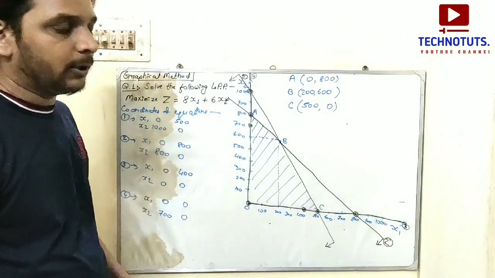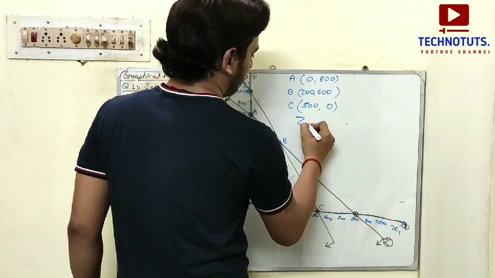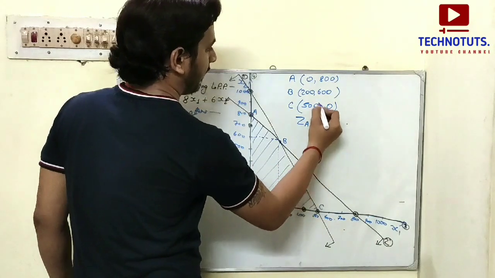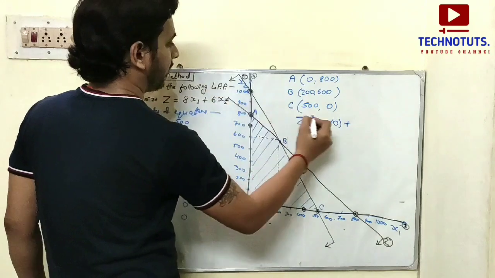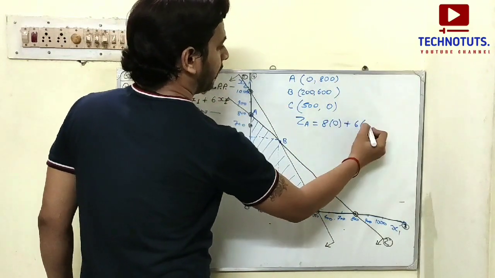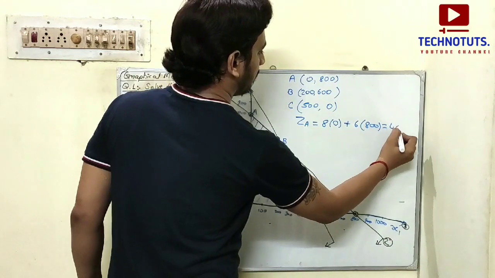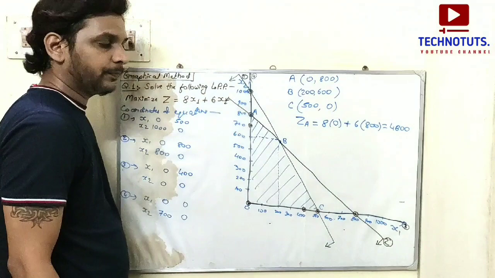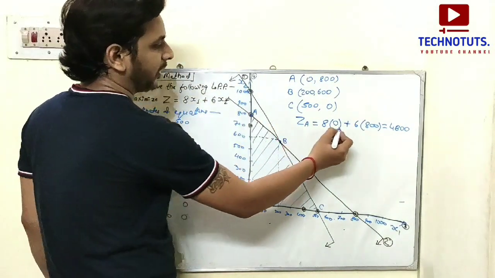Okay, so let us find z at A: 8 into 0 plus 6 into 800, which is equal to 4800. At point A we have obtained z equal to 4800.